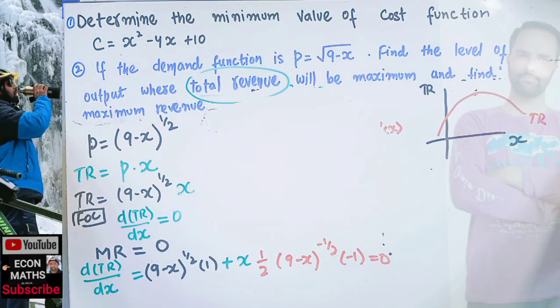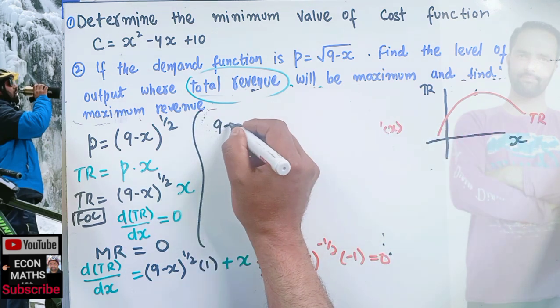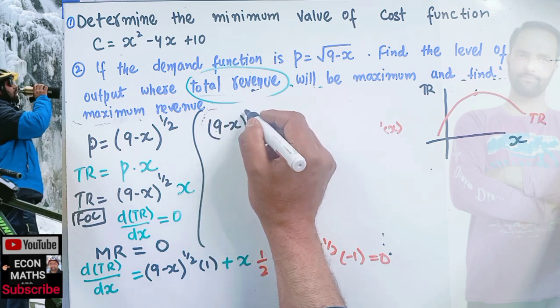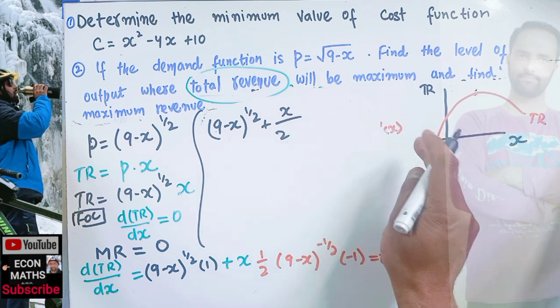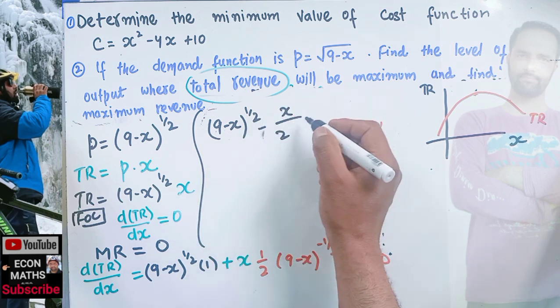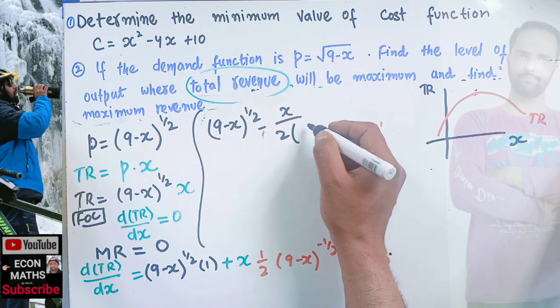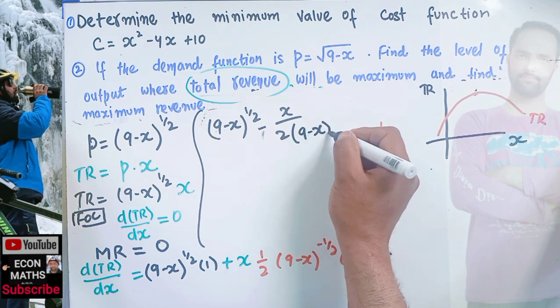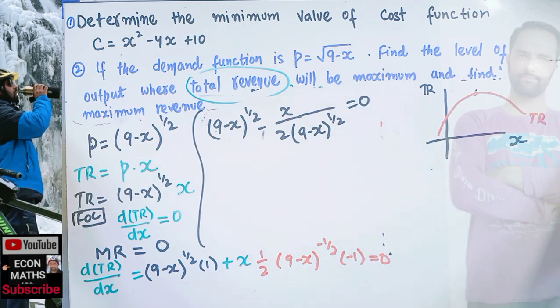Okay, let us rewrite it and solve it. We got 9 minus x raised to the power 1 upon 2, plus x divided by 2. Plus into minus is minus, so minus x upon 2. If I transpose this, the exponent sign will change. We get 9 minus x raised to the power plus 1 upon 2 should be equal to 0.